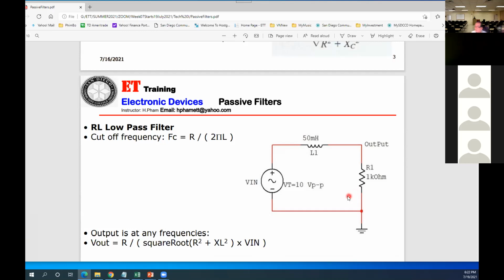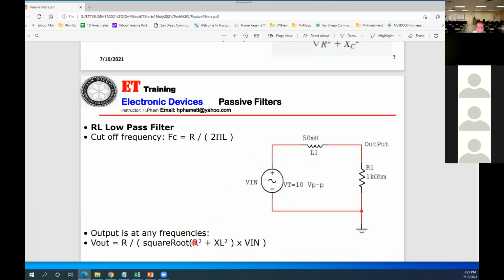For the capacitor low pass, C here, R here. However, if they're using RL, then L will be here. Different position. And the formula to calculate the cutoff frequency equals R divided by 2 pi L. They work identically.